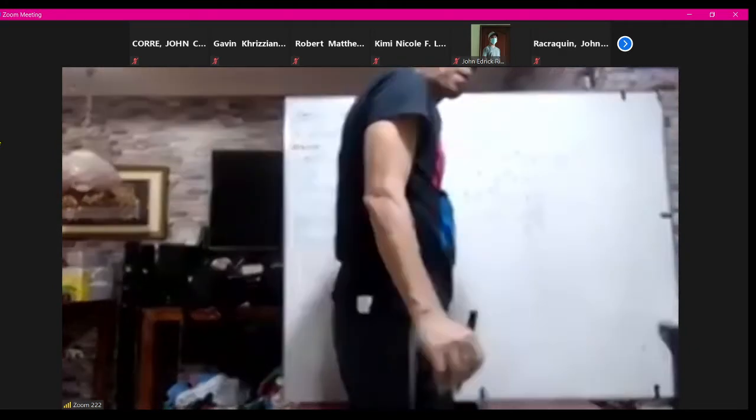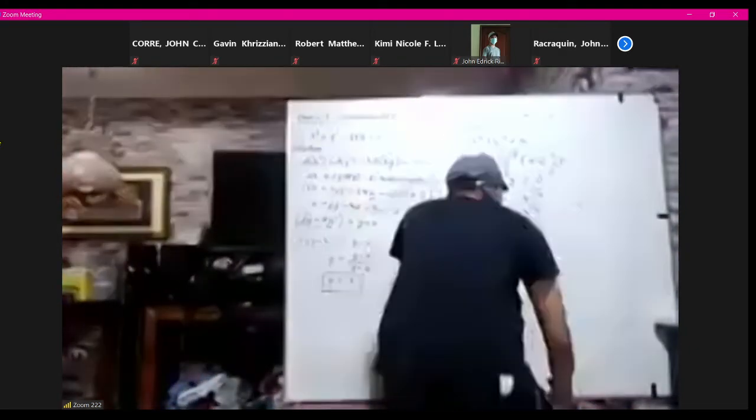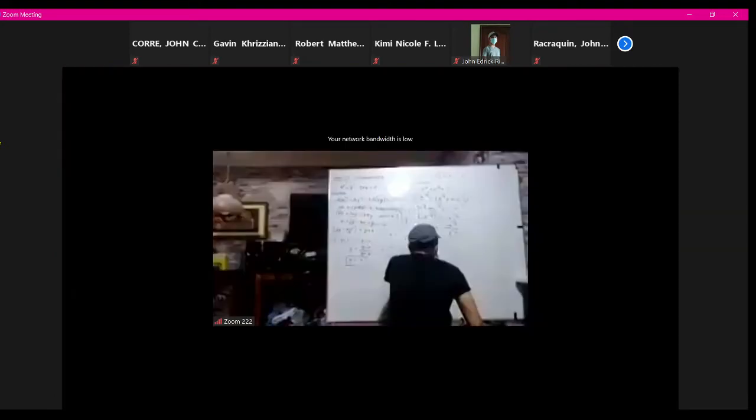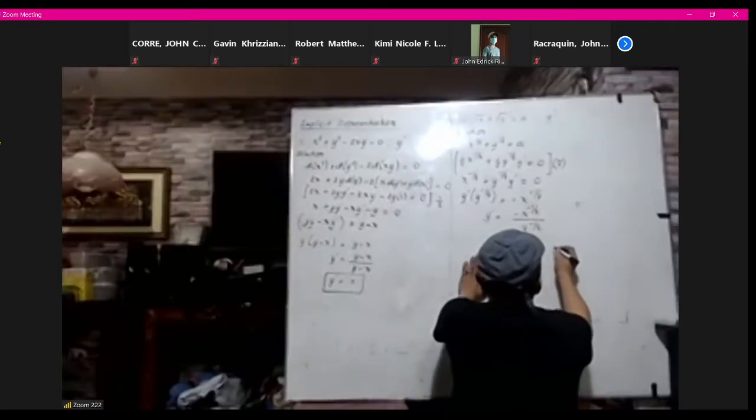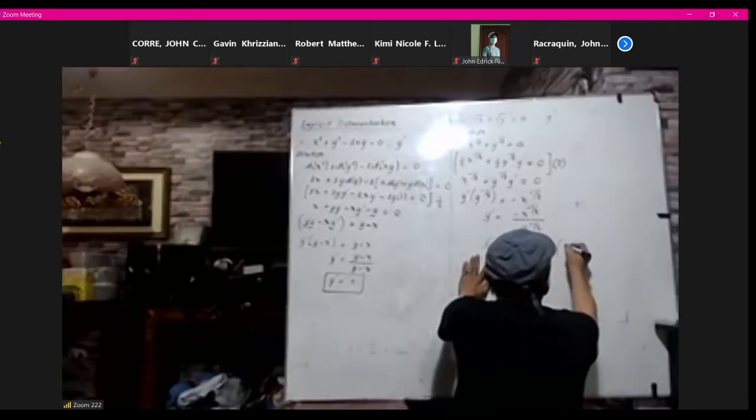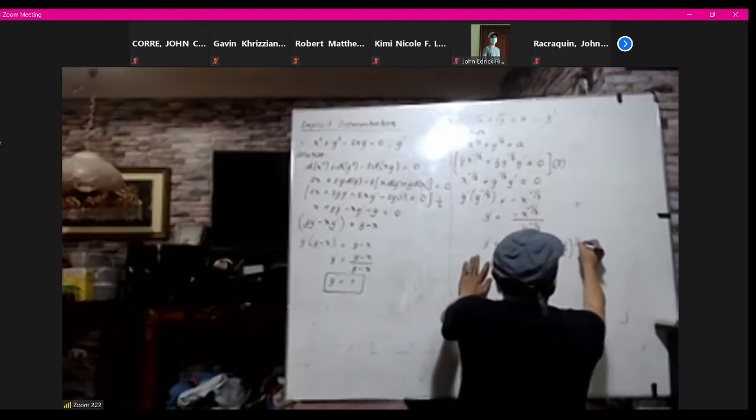Para maging positive ang exponent, pwedeng ganito: derivative of y is equal to y raised to 1/2 over x raised to 1/2. But this one is negative, still negative. Okay, pwede natin isulat ng negative, y over x enclosed quantity raised to 1/2.